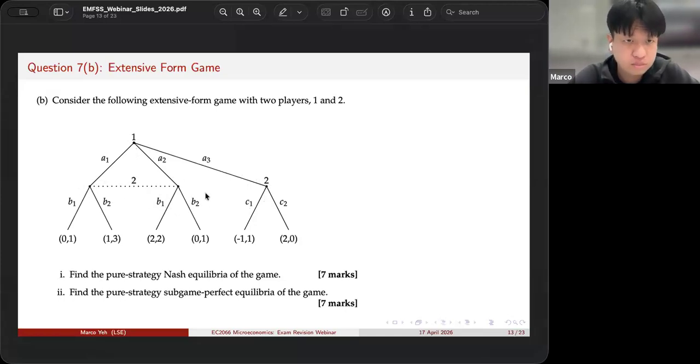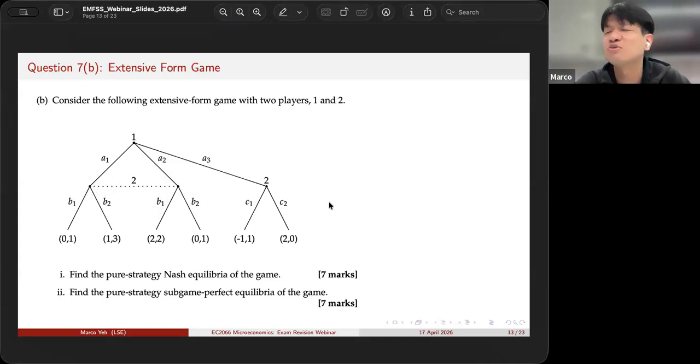What do we mean by information set? Player 2 does not know if player 1 is choosing A1 or A2. That is one justification, but it's not that precise. A more precise intuition is that player 2 can only choose B1 on both sides or B2 on both sides.